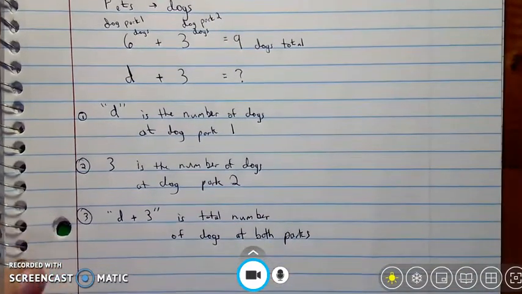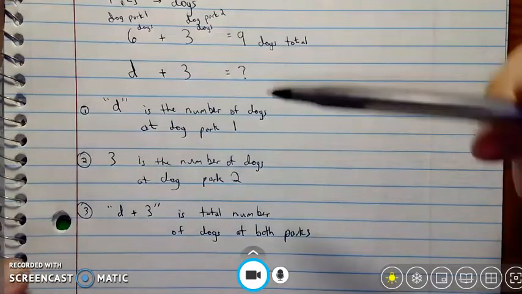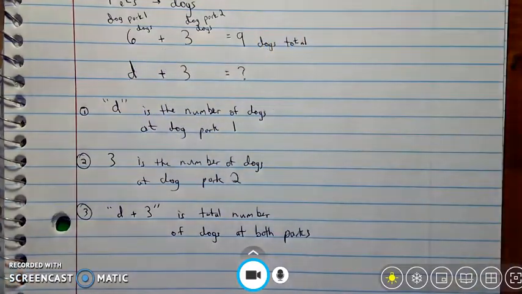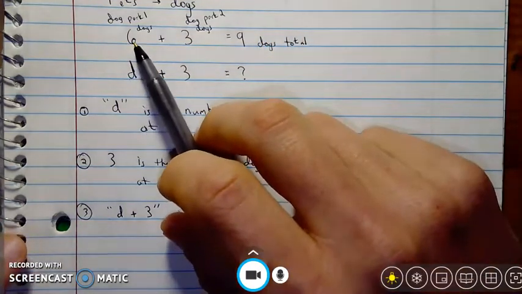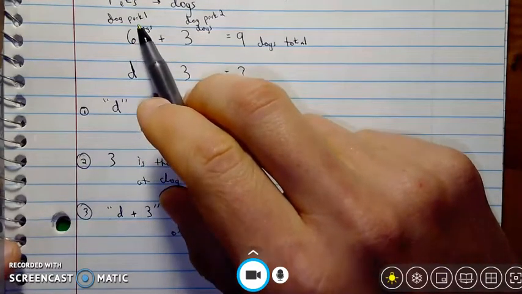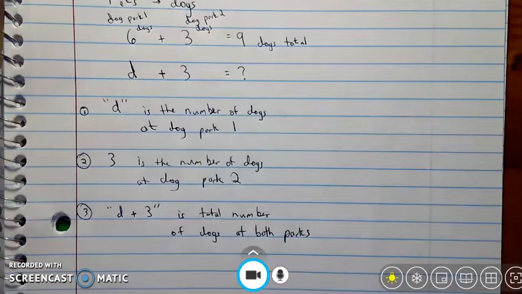So D plus 3 represents that total number of dogs. So the main goal here is the idea that you have a letter, we call those variables, and they're in place of an unknown value. So 6 is an example, but if we're not at dog park 1, we might not know how many dogs there are, so we can call that D.